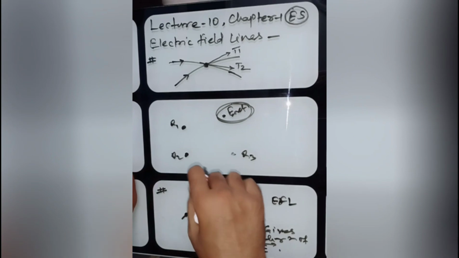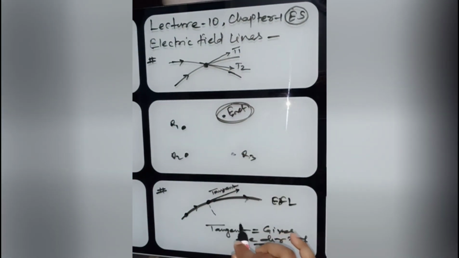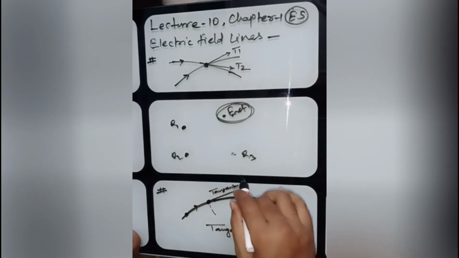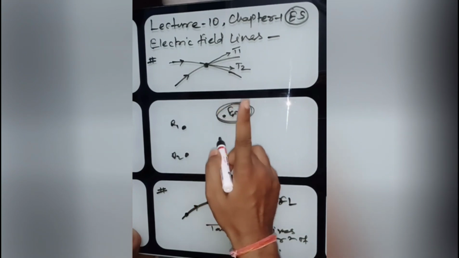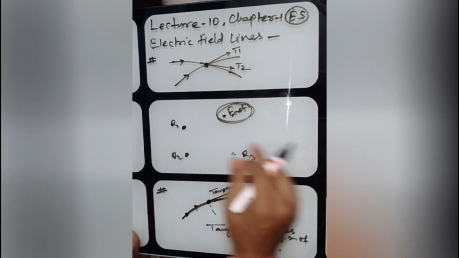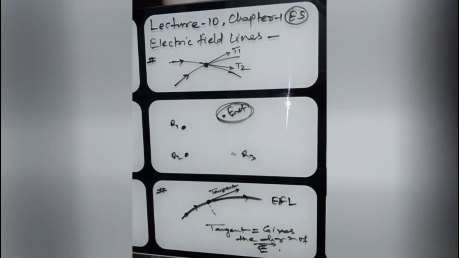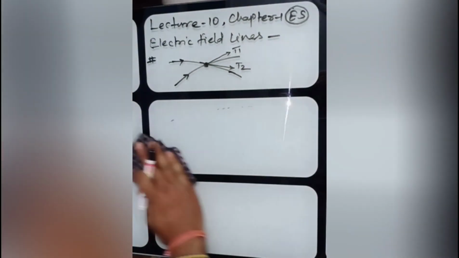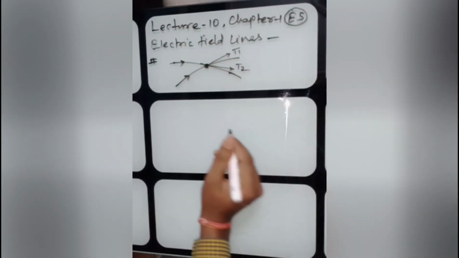That's why it is impossible for two electric field lines to intersect at any point, because the net electric field cannot have two directions at a point. Kindly note down, and you can write in your own language whatever you want. I'm writing it: two field lines never intersect each other.